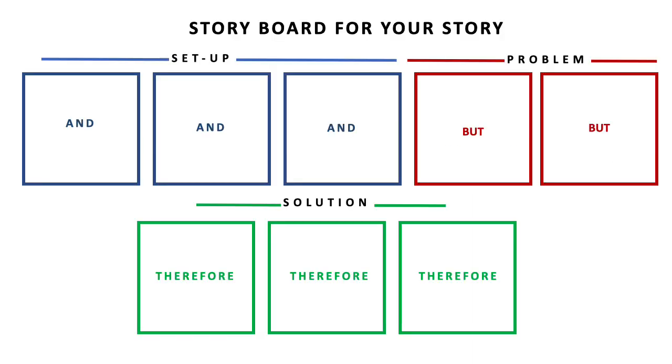And once you have that ABT, then you're going to start building your storyboard. In the very simplest template, you have your setup for your story. This is your "and." Remember, this is your heaven. This is where no problems exist. And this is where you want to connect with your audience. What is relevant?